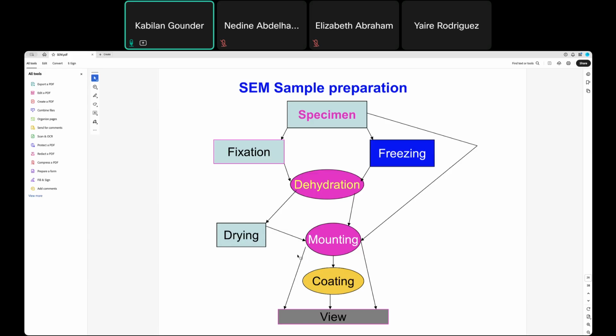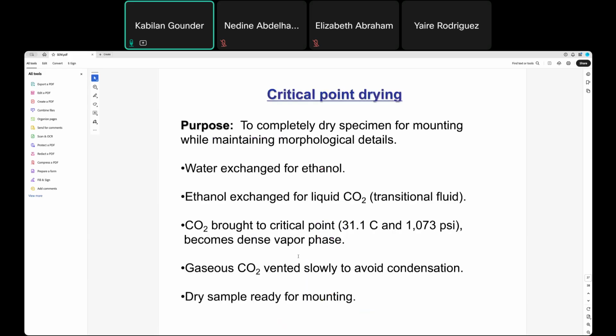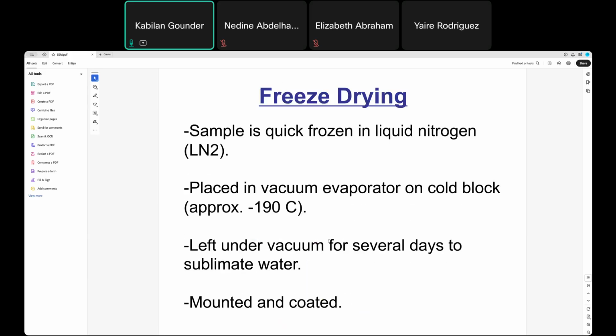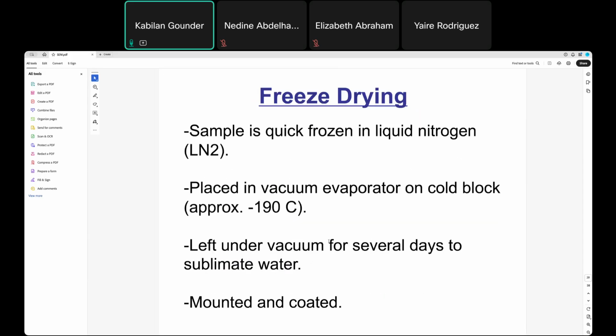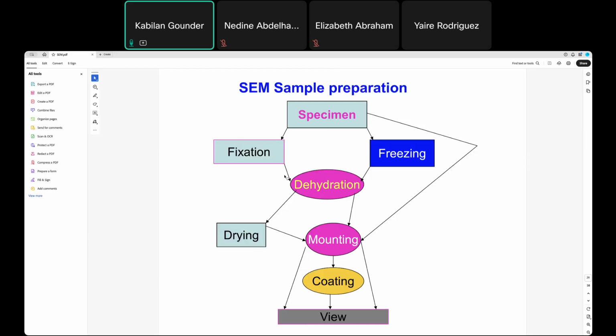You then remove the water content, then you can dry the samples, and then you can coat the samples. So now you understand that with the same material, how you choose different steps is the most important thing.